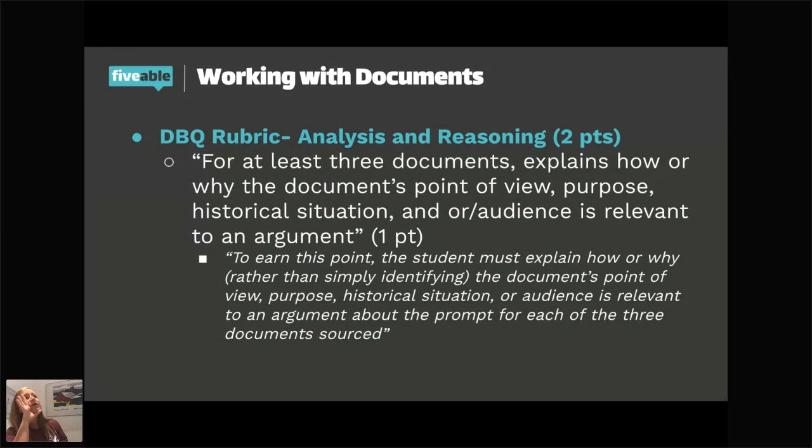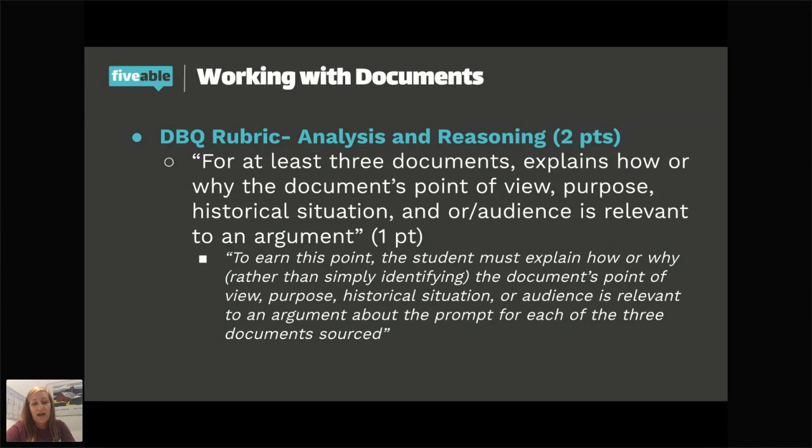Explain, louder for the people in the back, explain how or why, rather than simply identifying the document's point of view, purpose, historical situation, or audience is relevant to an argument about the prompt for each of the 3 documents sourced. Now, this rubric is the same DBQ rubric.